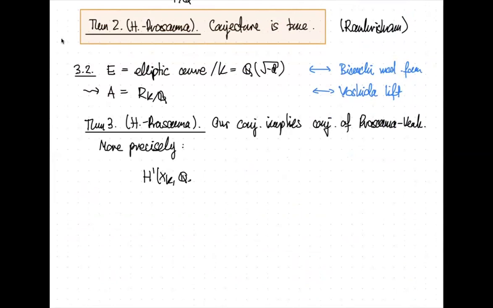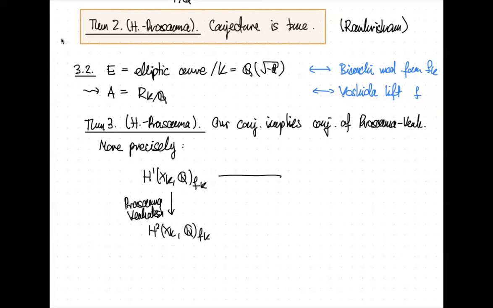Let's call this Bianchi modular form F_k, and the Yoshida lift F. So here you have F_k, and the action of Prasanna and Venkatesh gave you a map like this that preserved rational structures, or conjecturally preserved rational structures, but there was certainly a map after you tensor with C. And via these lifts, you can associate classes over here.